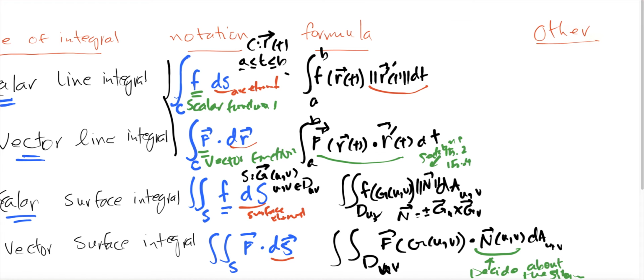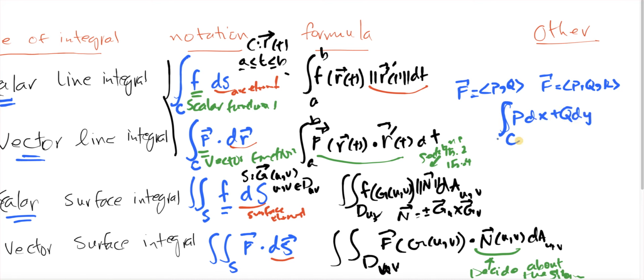One would be, let's say for F dot dr, sometimes people use, if it's two-dimensional, they say that F is equal to P and Q, or F is equal to P and Q and R, depends if it's two-dimensional or three-dimensional, and then they write it as P dx plus Q dy over C.